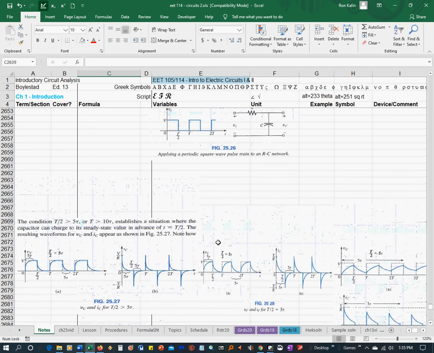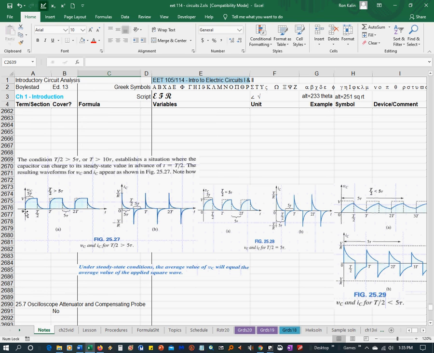Whenever you do that, if T over 2 is greater than 5 tau, it gives it time to charge up and it flattens out right here, okay?